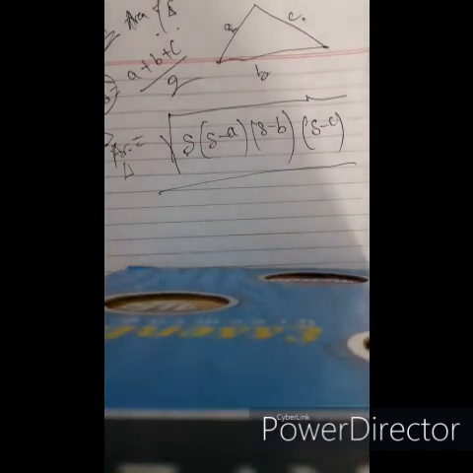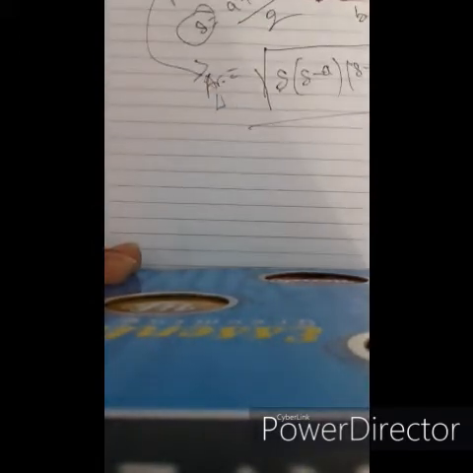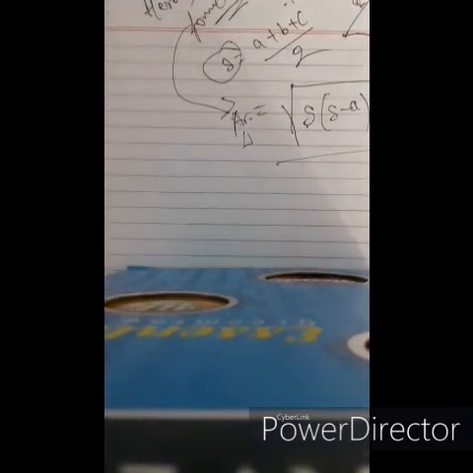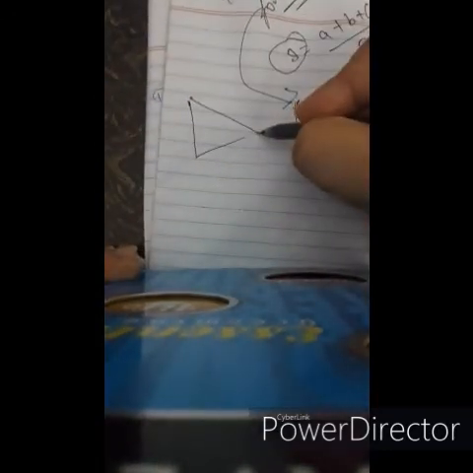Alright, we'll take a look at three more areas of triangles. There are basically three types of triangles: equilateral, isosceles and right angle triangle. The area of a right angle triangle is very simple.